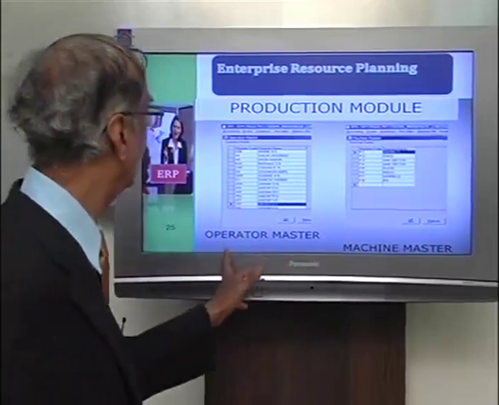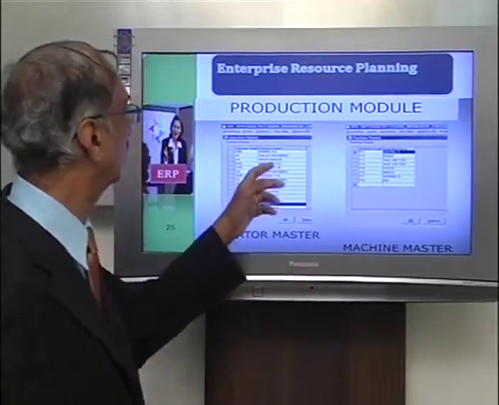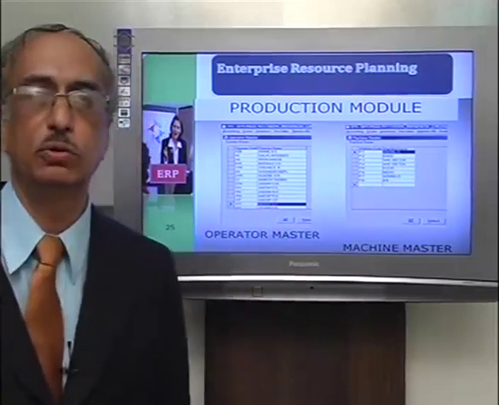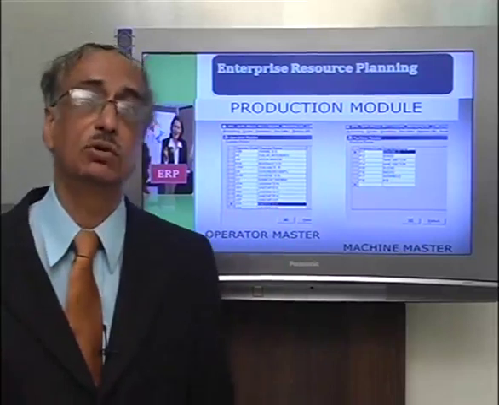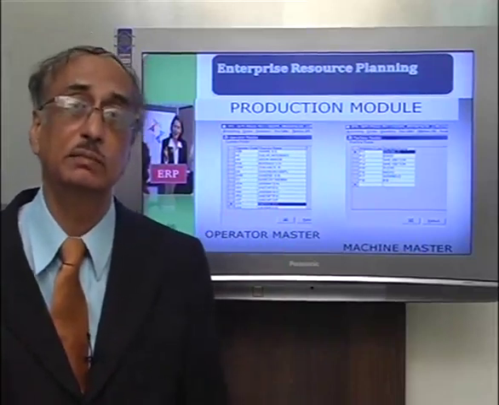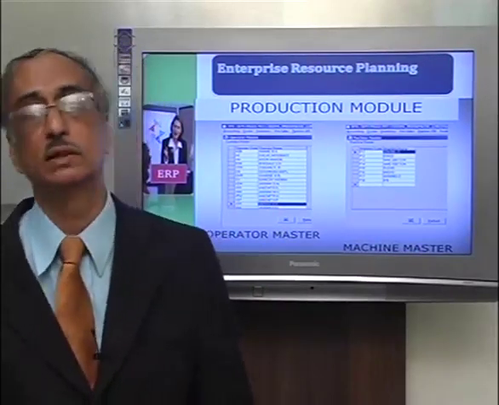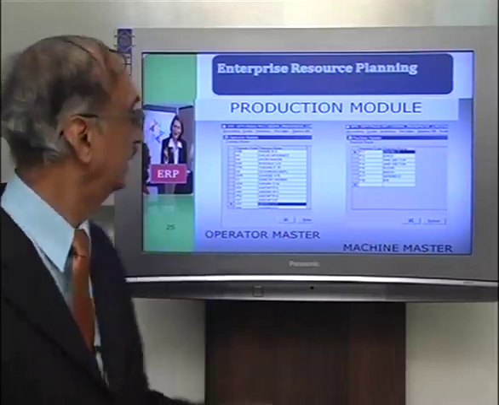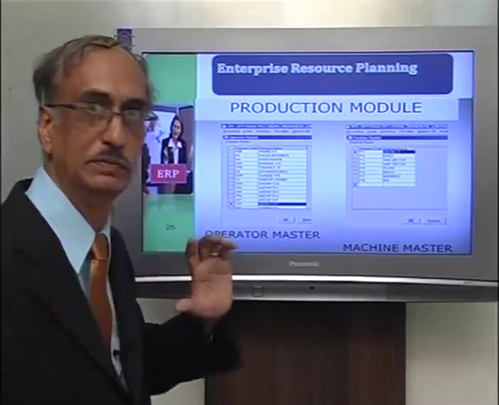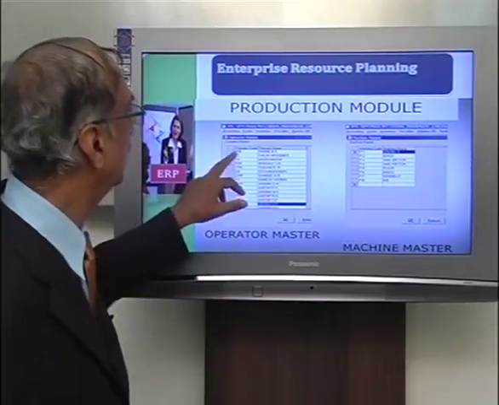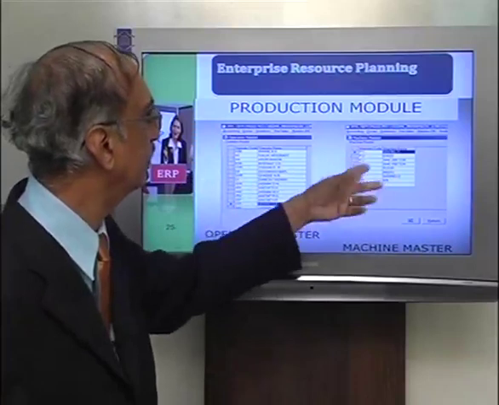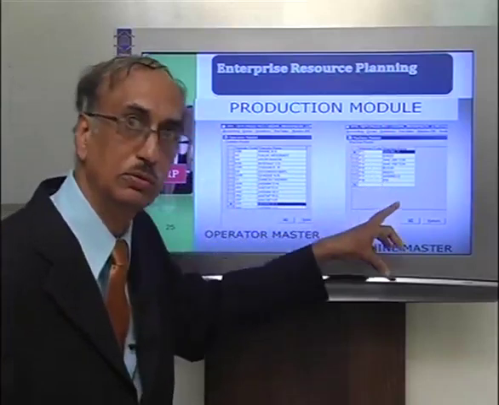The master data or operator data generally consists of operator code, operator name, and the skill sets of that operator, whether it's a milling operator, miller, or a helper, or a welder. All this information will be in this operator master. Operator master will have a unique code, where this code will be used in some other context also.